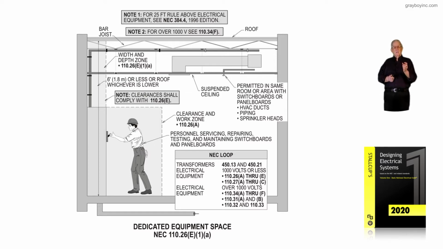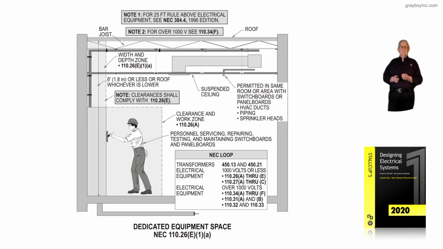But notice there's a 3-foot clearance in front, and there's no wall behind that individual. So it's just 3 foot, 6.5 foot walk-in headroom, or the height of the equipment. In the illustration, the height is greater. And notice the clearance shall comply with 110.26(E) and shall be 6 foot to the roof.